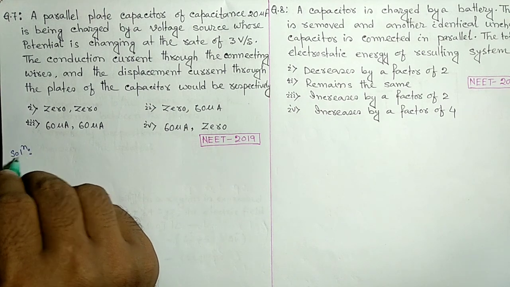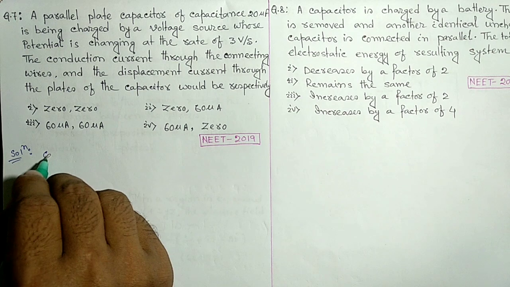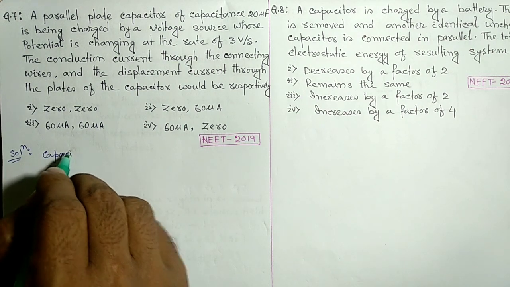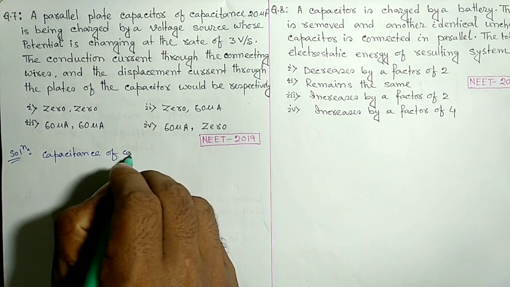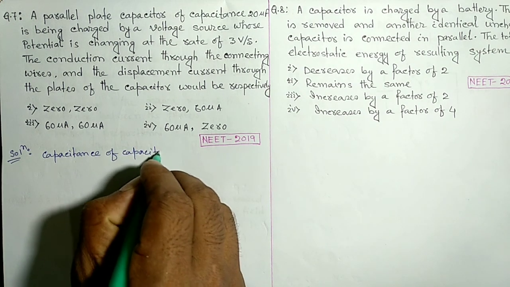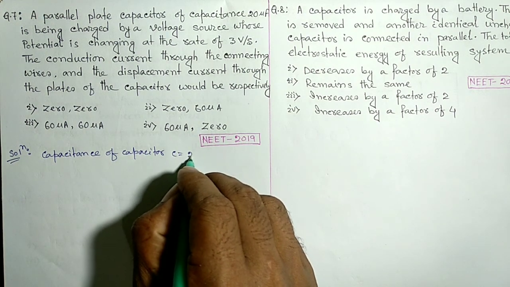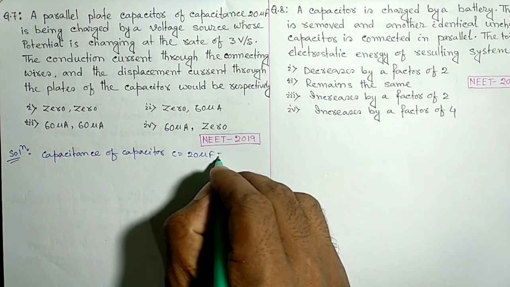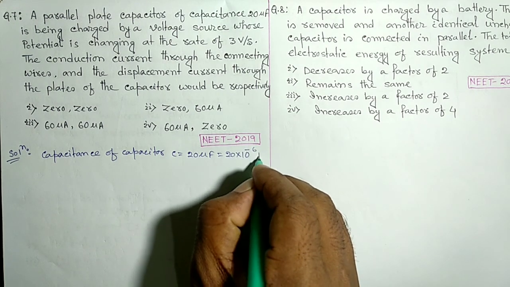Solution. Capacitance of the capacitor C equals 20 microfarad. So it equals 20 into 10 to the power minus 6 farad.